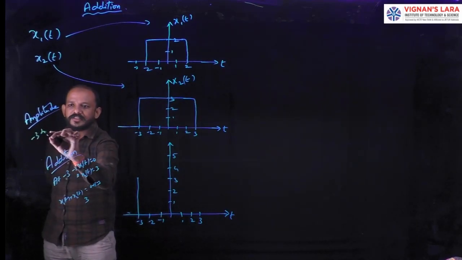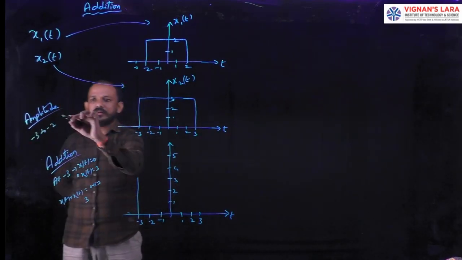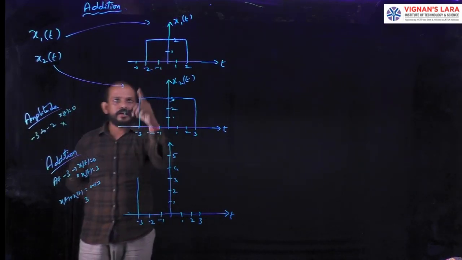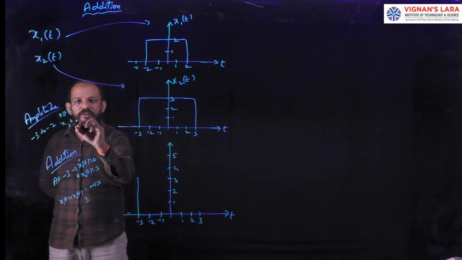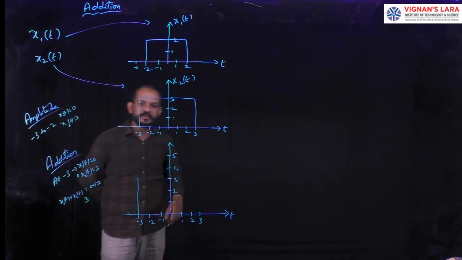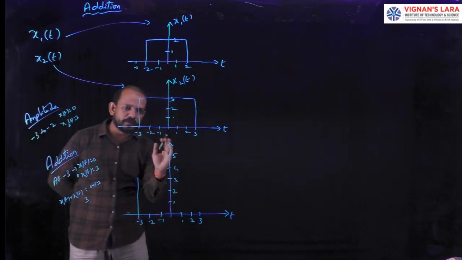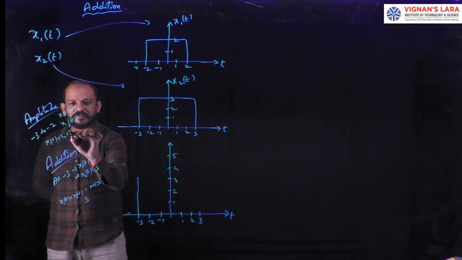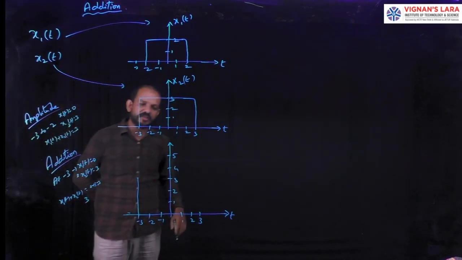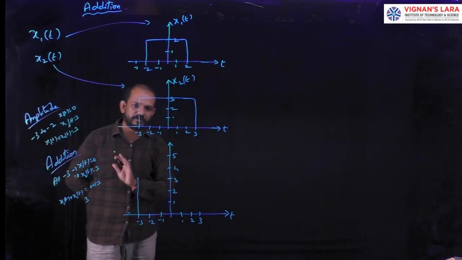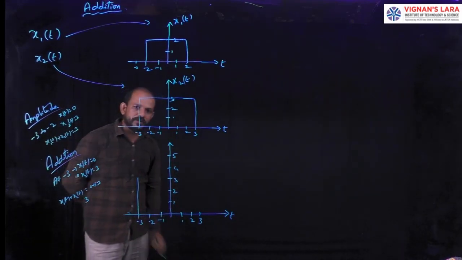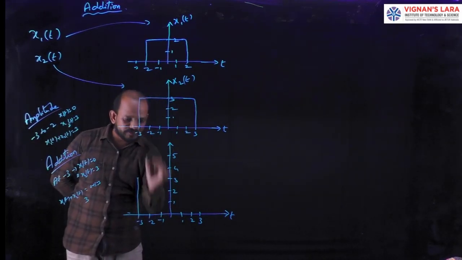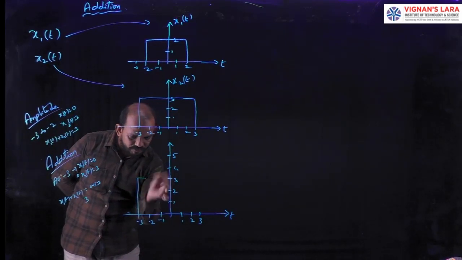So if I add both x1 of t plus x2 of t, 0 plus 3 is 3. Clear? Now it is up to 3, so for this value, there is 3.